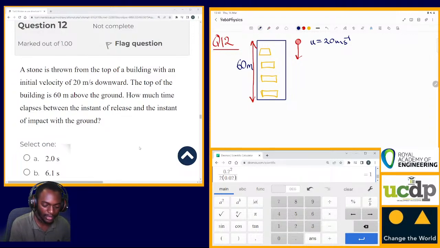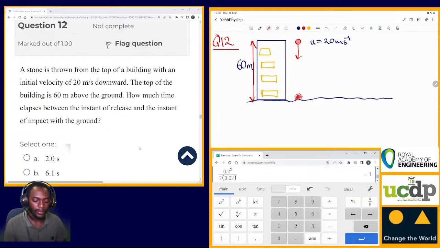Okay, so this is our ground. What we need is the time taken for this entire journey. What we want is the time t. Interesting question.